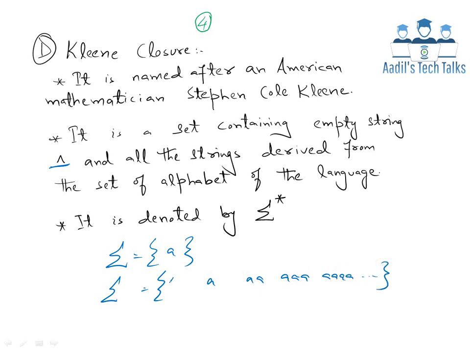And if we place an empty string at the start, then it will be the Kleene closure. We know that in positive closure there was no empty string, but in Kleene closure the empty string is included.